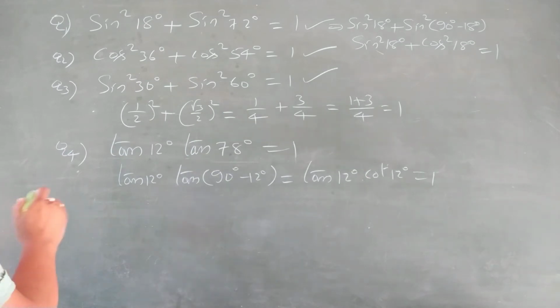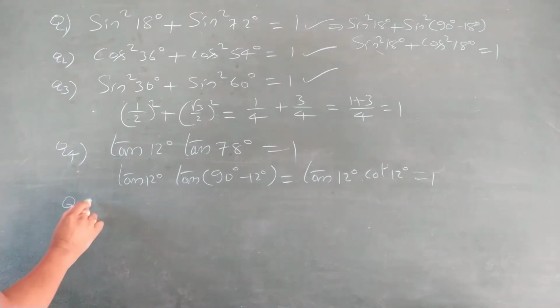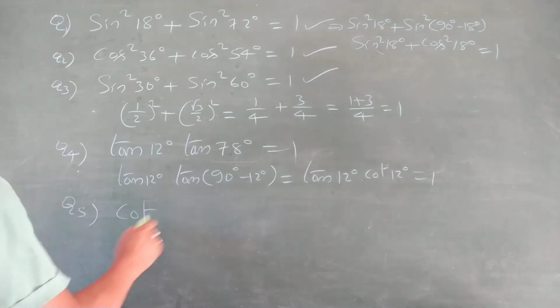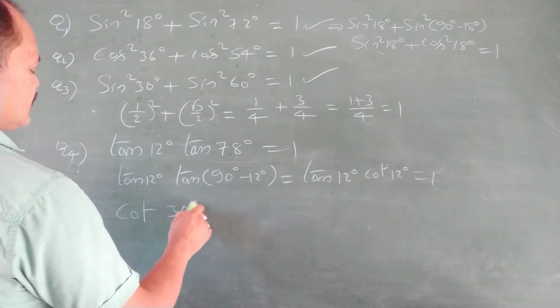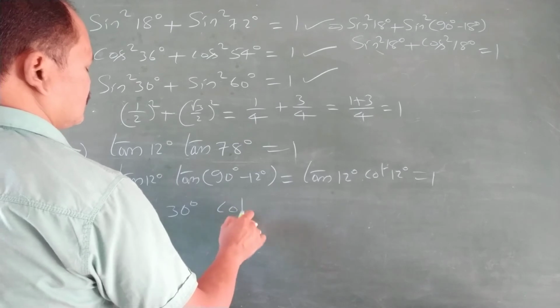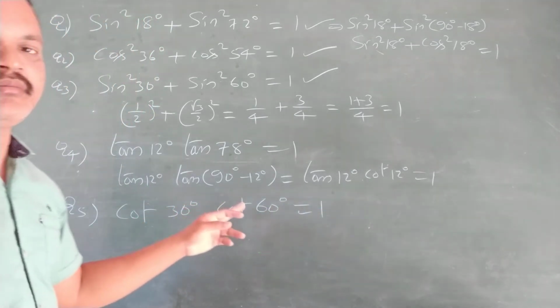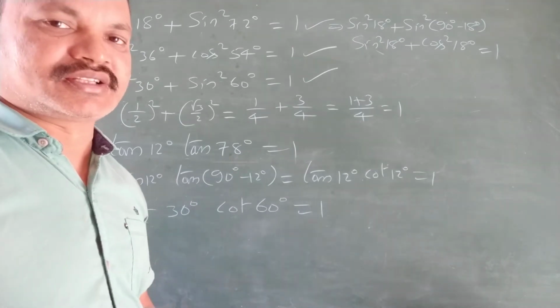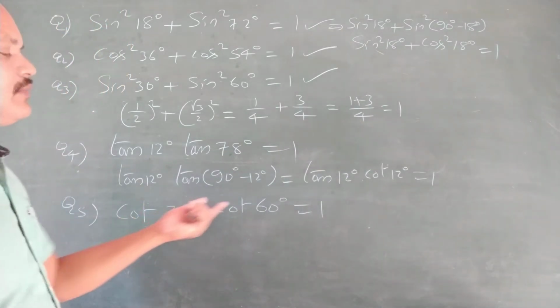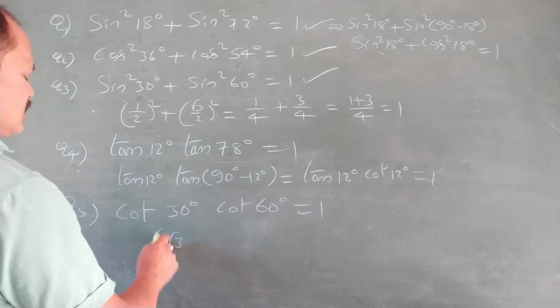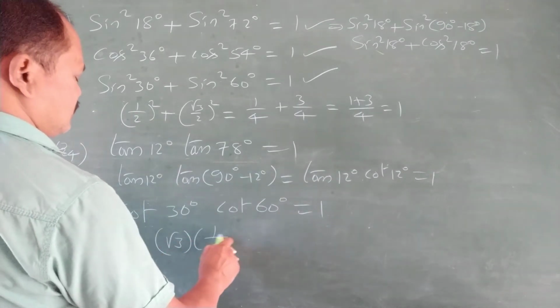One more, question number 5: cot 30 degrees into cot 60 degrees is 1. Here alpha is 30, beta is 60, then alpha plus beta is 90, then cot alpha into cot beta is 1. You can prove it: cot 30 is root 3 and cot 60 is 1 by root 3.